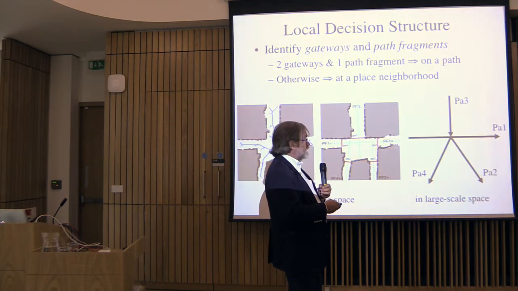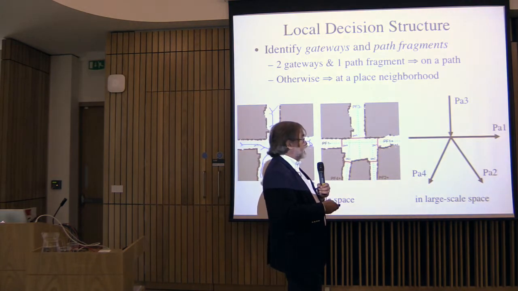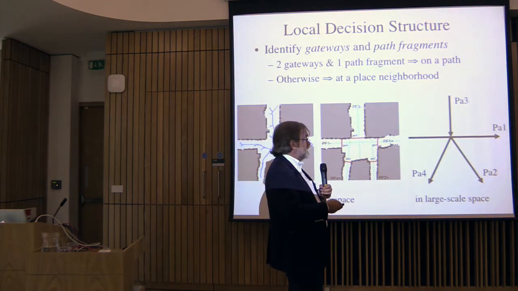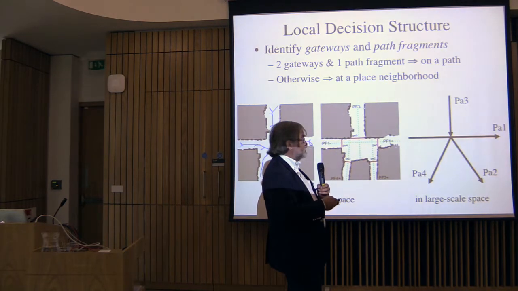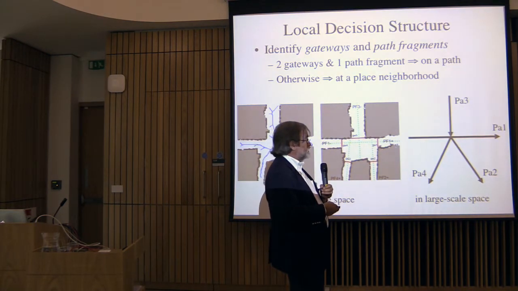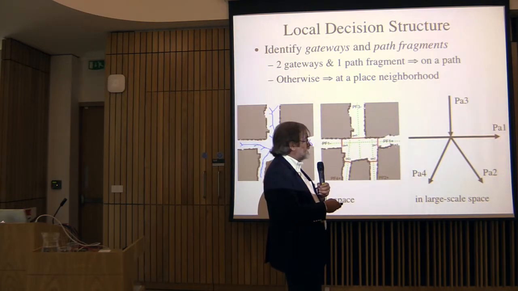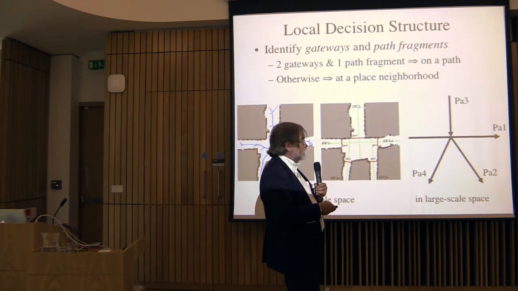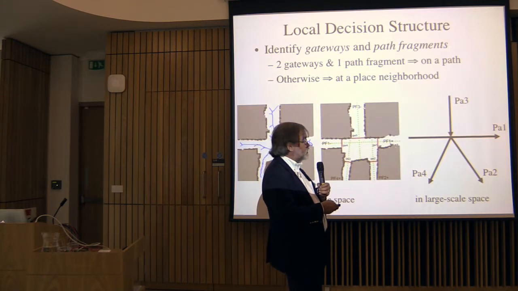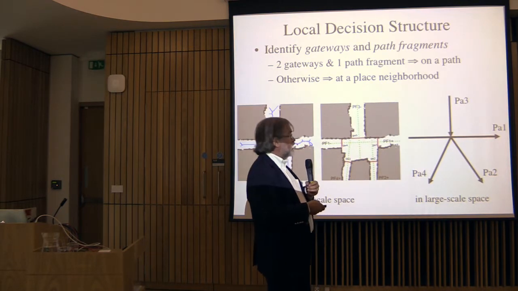given this local model and the robot being in a particular place, then this is in small scale space. It uses the Voronoi graph to get the overall structure. It identifies a set of gateways that bound the local region and separate it from the path fragments that go in various directions.